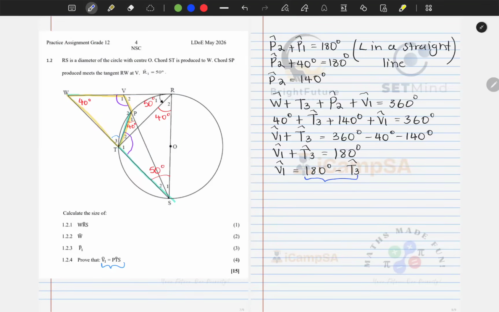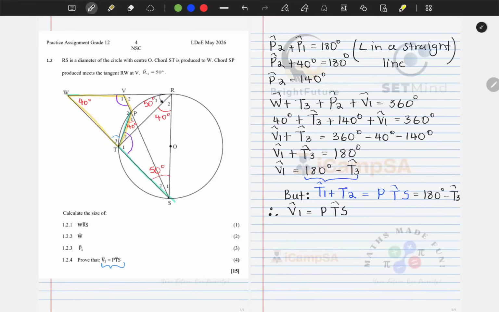What you end up getting is the angle T1 plus T2, which is the same angle as P angle TS. So that is how we do this, okay? This is the same as 180 minus T3, because these are angles in a straight line. So therefore, our angle V1, we have shown that it is equal to P angle TS.